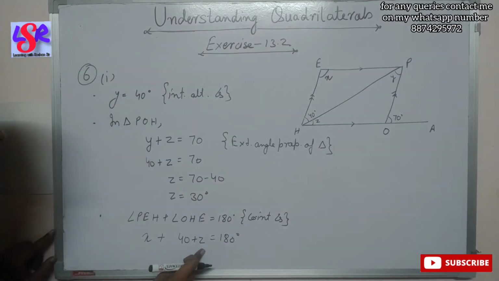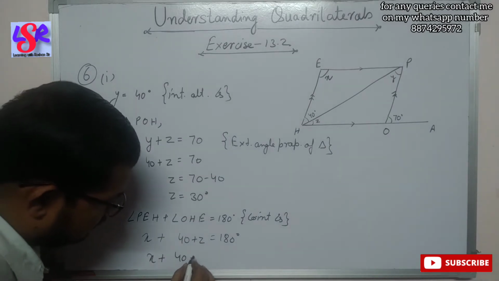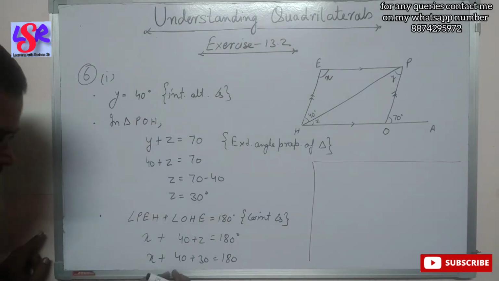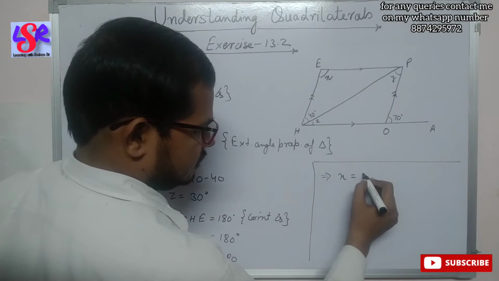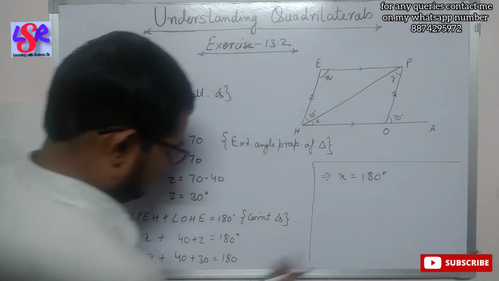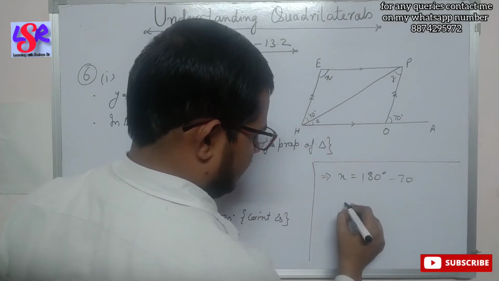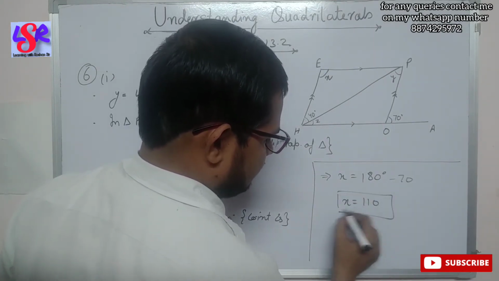Now we know the value of z, that is 30. So x plus 40 plus 30 equals 180 degree. Now we can do the transposition from here, and this will become x equals 180 degree minus the sum of these two, that is 70. And here we get x equals 110 degree as answer.